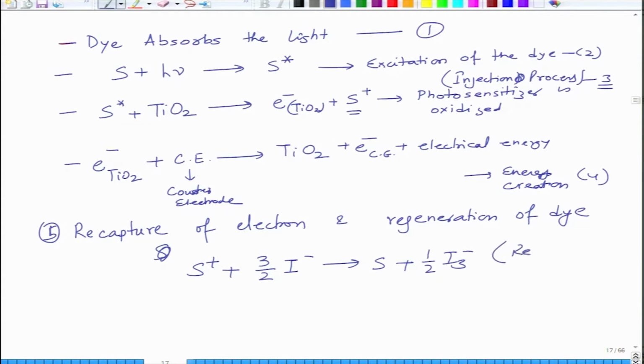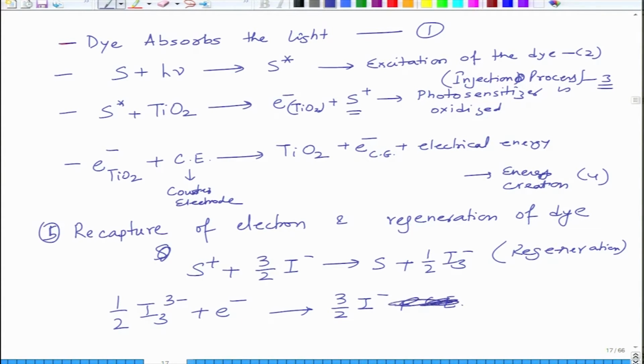This is regeneration. And then this I3 minus reacts with the electron that has reached back from the circuit from the other side, and this gives rise to 3/2 I minus. So, this is electron recapture essentially.